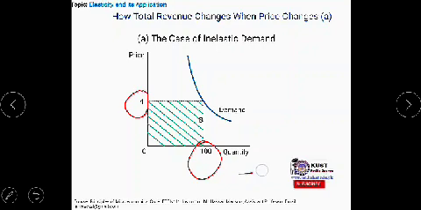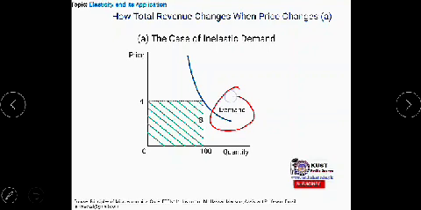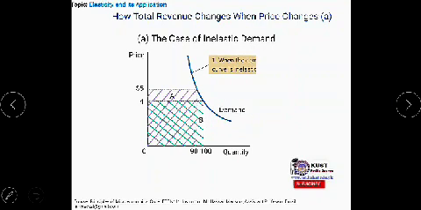We are taking the quantity on the x-axis and the price on the y-axis. Now in this case, let's see if we increase the price from $4, what will happen? Keeping in mind demand is inelastic and we want to increase the price. The price has increased to $5 now.